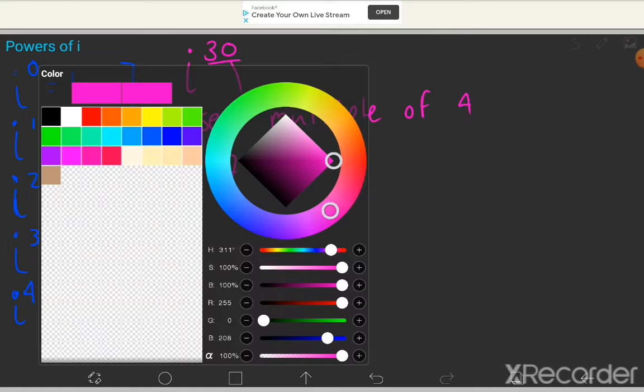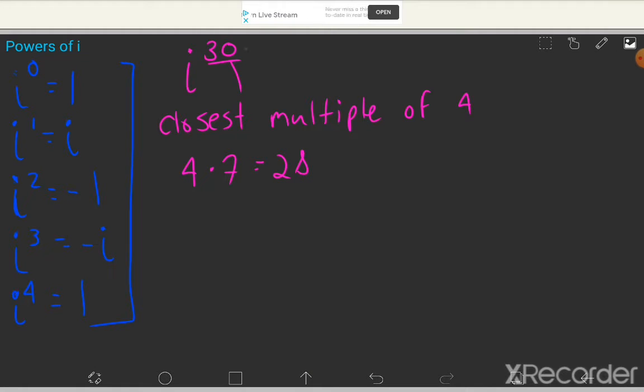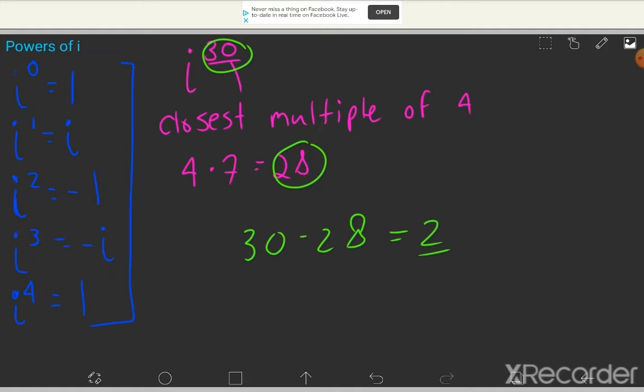Now we take this 30 and this 28 and subtract them, 30 minus 28, which would equal 2. So what that means is i to the 30th power equals i to the 2nd power. And looking back at our blue section on the left, i to the 2nd power equals -1.